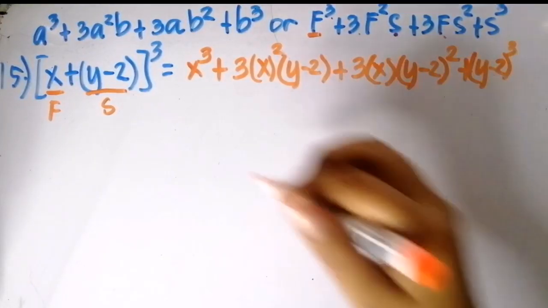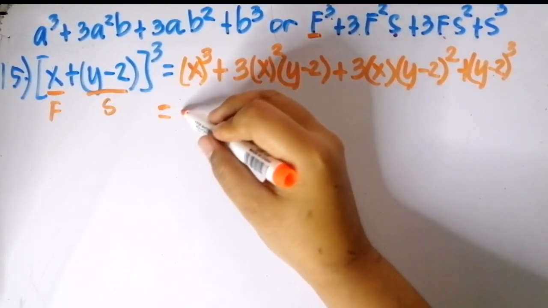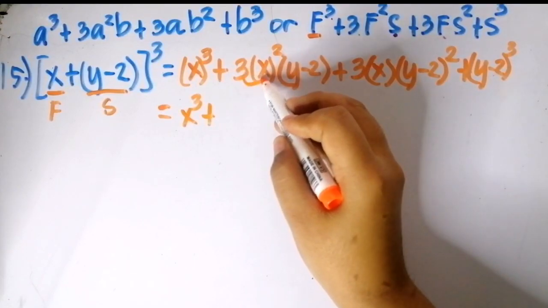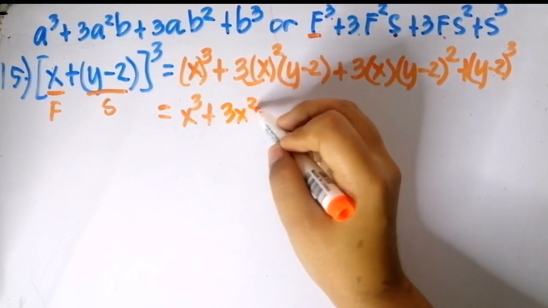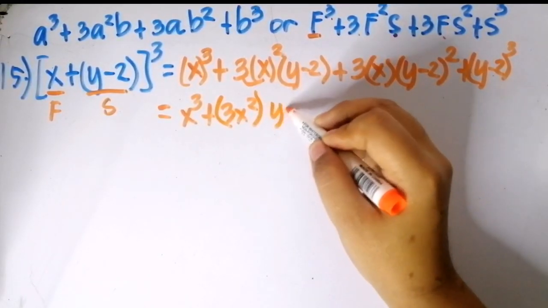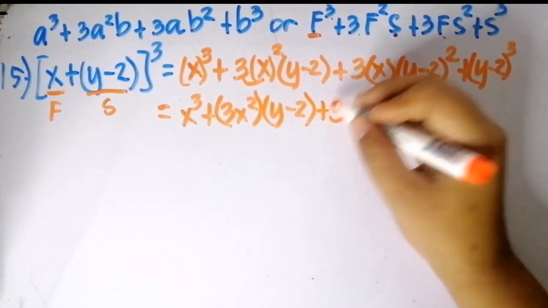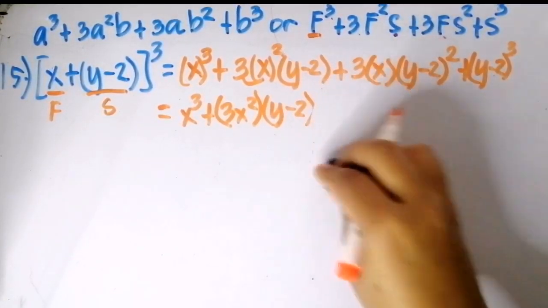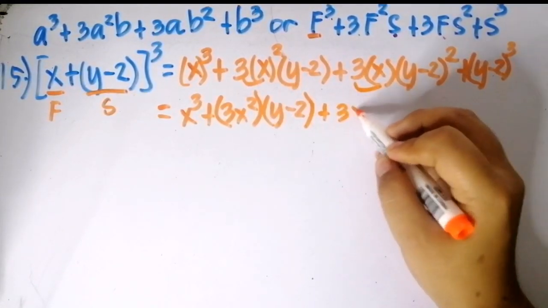Okay, then simplify. So, ito, x times x times x equals x raised to 3 plus 3 times x squared equals 3x squared. Then, y minus 2 plus 3 times first term plus 3 times x equals 3x.